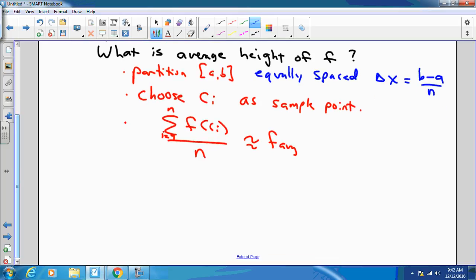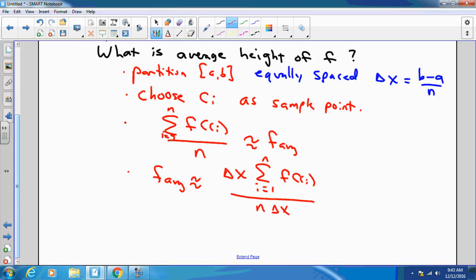Then, in order to insert the delta x's into this formula, I'm going to do a familiar trick. I'm going to multiply top and bottom by the same thing. So that f average is approximately equal to delta x times the sum of f(c_i) over n times delta x.